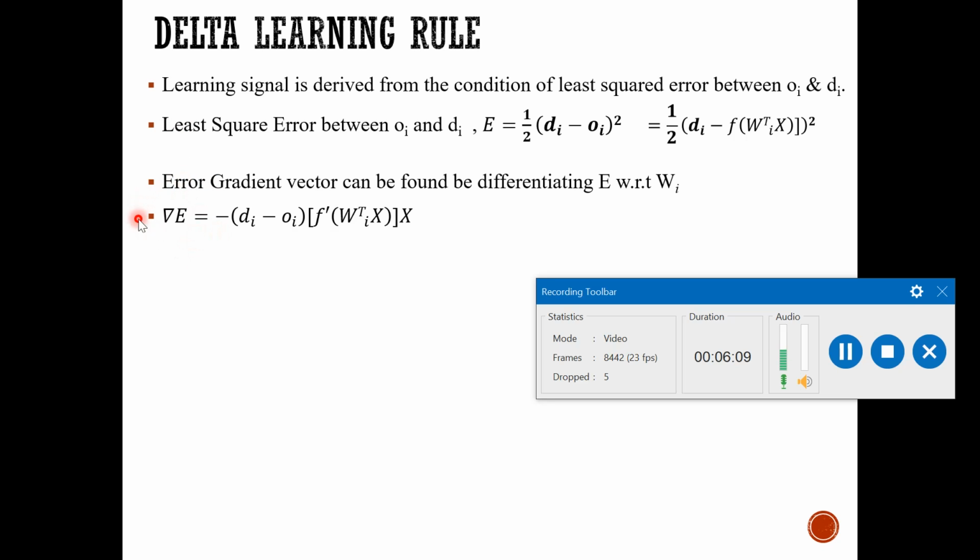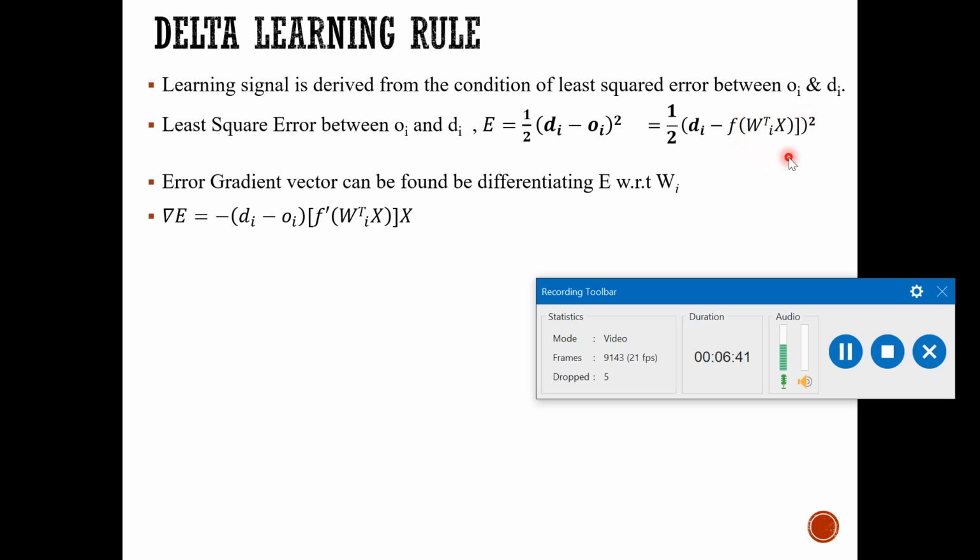Whenever you take the derivative of this, the 2 will come here and cancel the division by 2. Then the derivative of the inside function. So what is the inside function? The derivative of di with respect to weight. Now di is nothing but the desired response. It is constant, so the derivative is 0.